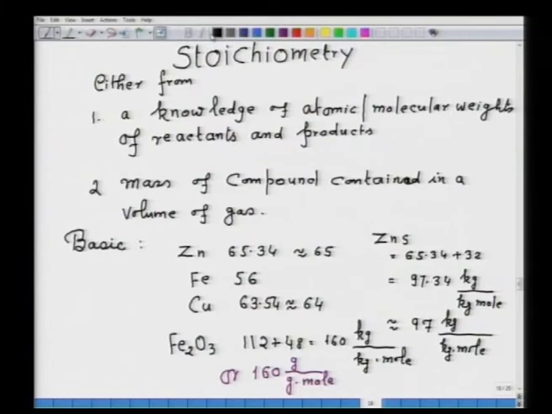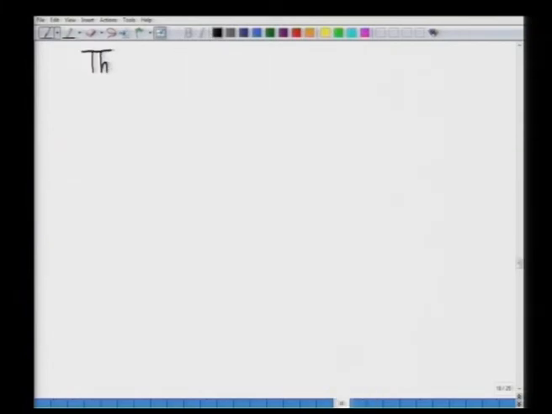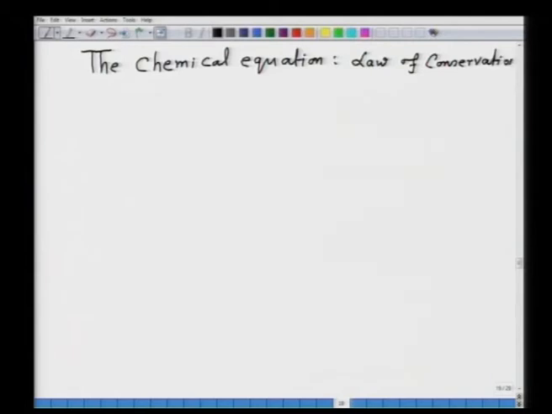Now, the chemical equation. Let us see what we can do from writing down the chemical equation. In fact, a balanced chemical equation is based on the law of conservation of mass. That means the number of atoms or elements in the products is equal to the number of atoms or elements in the reactants.